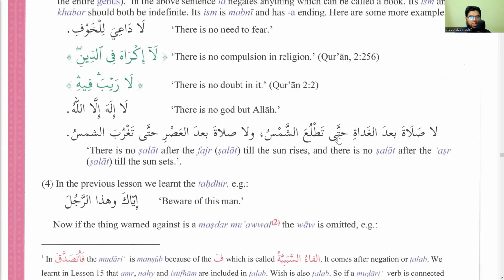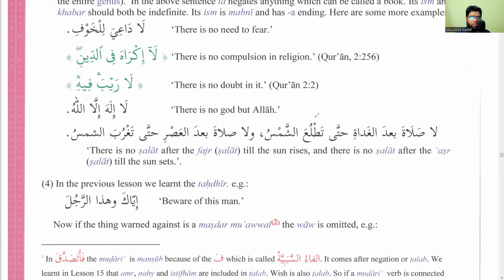لا صلاة بعد الغداة حتى تطلع الشمس ولا صلاة بعد العصر حتى تغرب الشمس. The hadith of the Prophet sallallahu alaihi wasallam. La salata, there is no salah, ba'dal ghadah, ghadah is fajr salah, hatta tatlu'ash shams, until the sun rises.